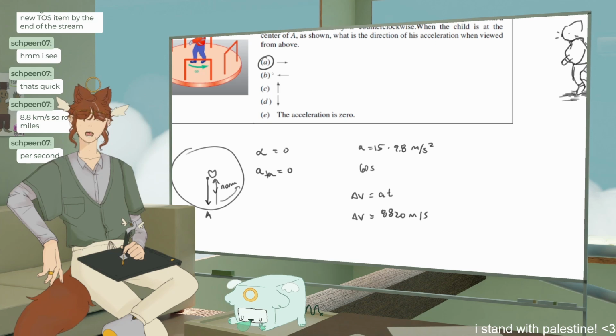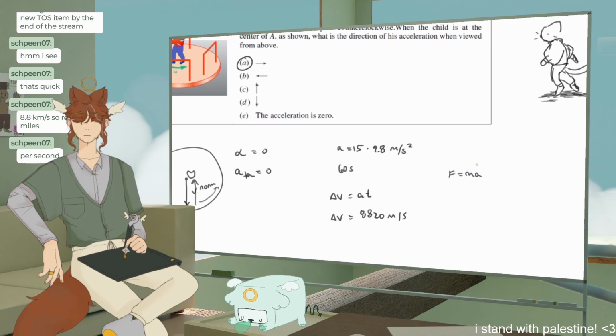There's a couple things. Like F equals ma, right? So this is how much force we would need to create a mass accelerating. So let's just say, average, 17.92 kilograms times 15 times 9.8 meters per second squared.